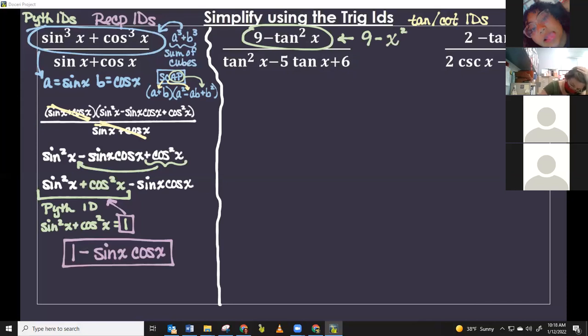The denominator makes me think of x squared minus 5x plus 6. What can I do with those things? What can I do with 9 minus x squared, or x squared minus 5x plus 6? What could I do with that?